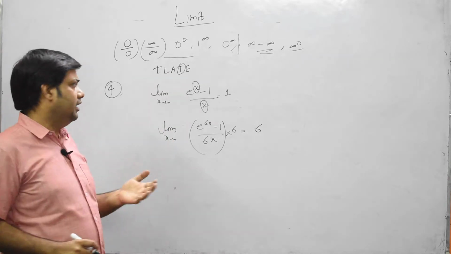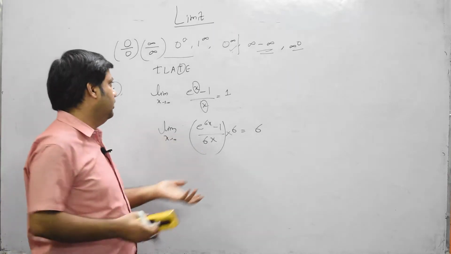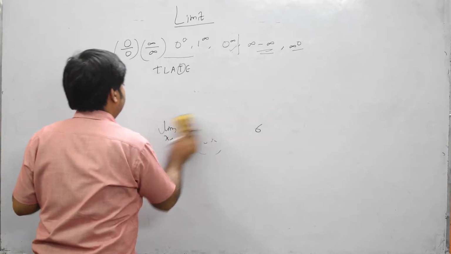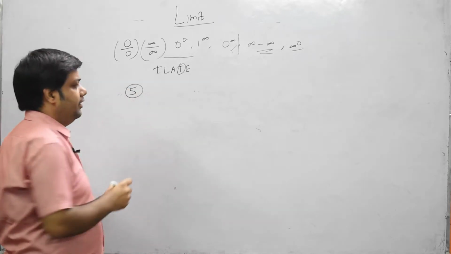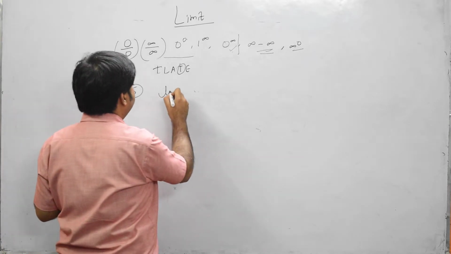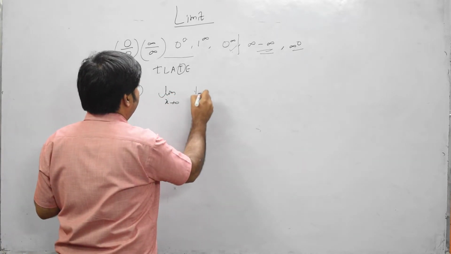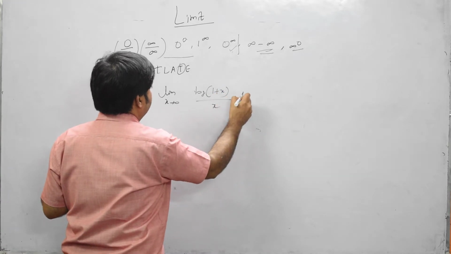We also move to the logarithm and some of the derived values for this. So let's go to the 5th formula now. Limit x tending to 0, log 1 plus x by x is 1.